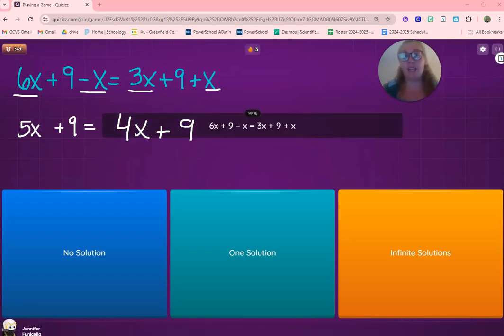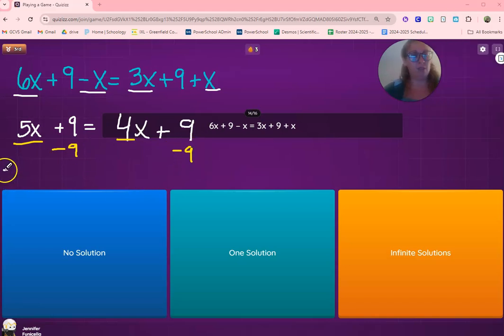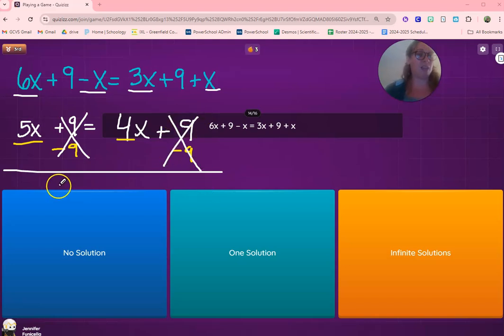So already I know, because our slopes are different, that this is going to have one solution. So we could still solve it by subtracting 9 on both sides, and it will cancel on the left and the right.